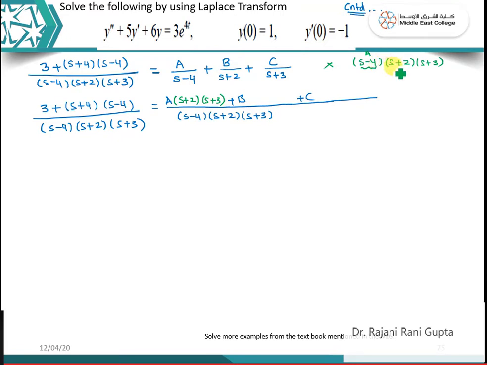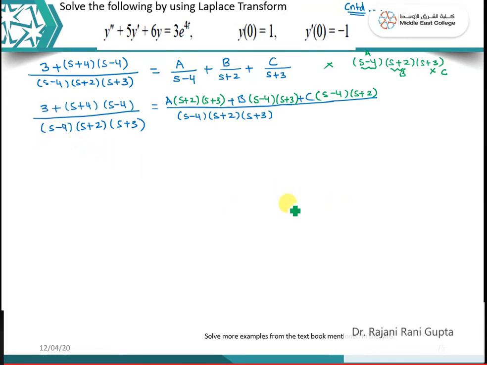With B, we already have s plus 2, so that will cancel out and we are left with s minus 4, s plus 3. And for C, we already have s plus 3, which will cancel, so you are left with s minus 4, s plus 2. It is just the extension of how we do it for 2 terms; here we will do it for 3 terms.